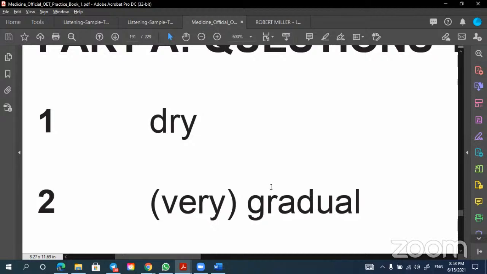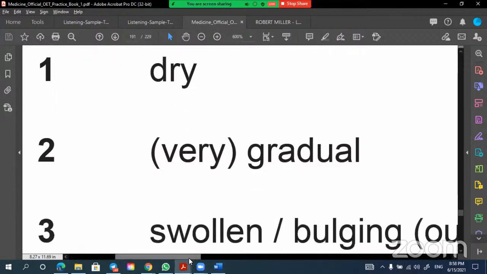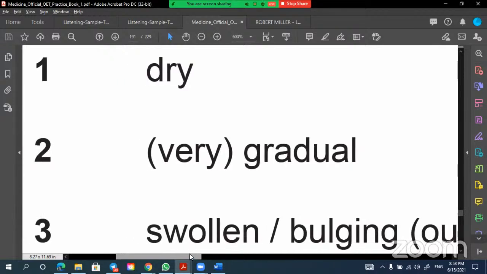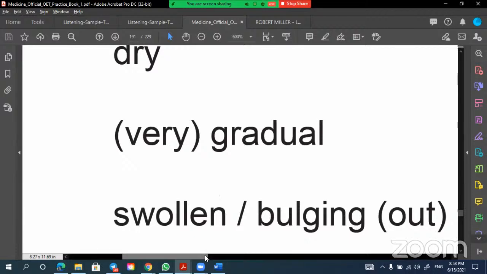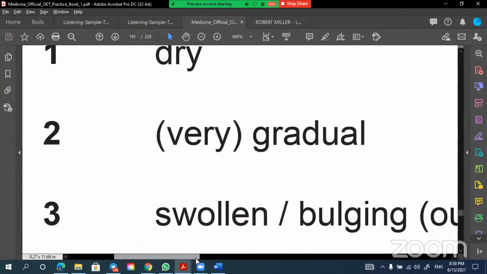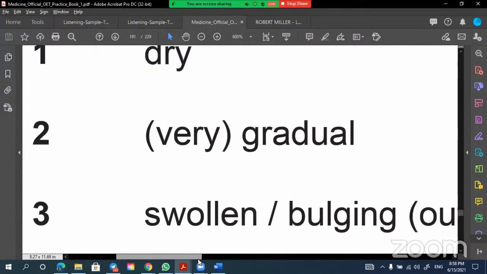Next, number 3. Swollen or bulging out. Any one word. Out is not there also, no problem. Either swollen or bulging.